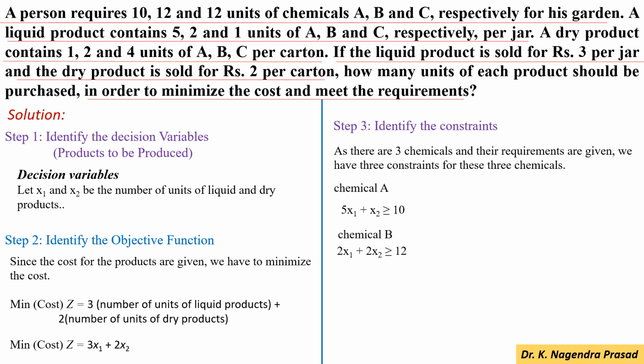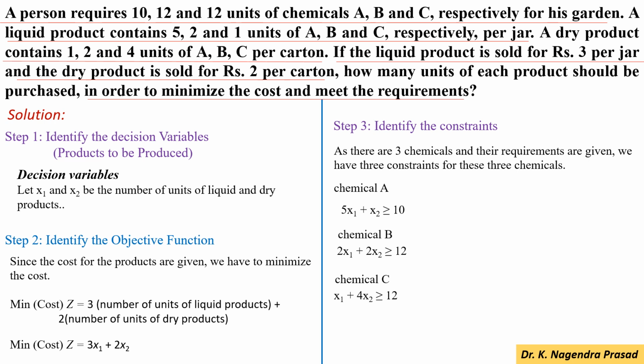Similarly, chemical C point of view requirement is 12 units and 1 unit for the liquid product and 4 units for the dry product. So the constraint is x1 plus 4x2 greater than or equal to 12.